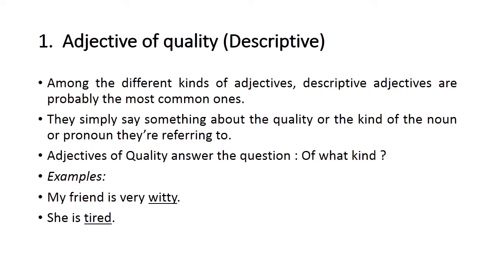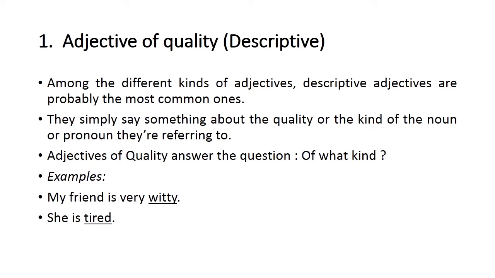First of all, let's discuss adjective of quality. Among the different kinds of adjectives, descriptive adjectives are probably the most common ones. They simply say something about the quality or the kind of a noun or pronoun they are referring to. Adjectives of quality answer the question of what kind.